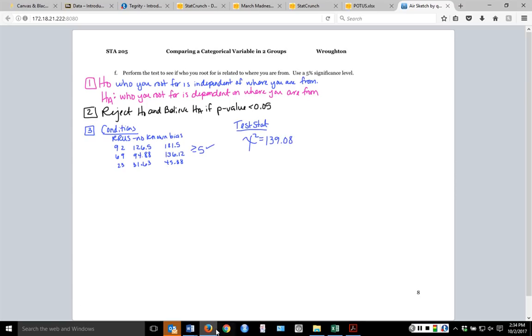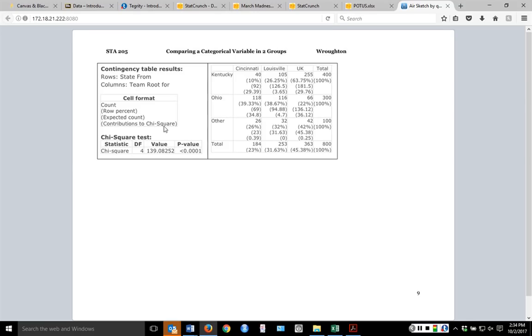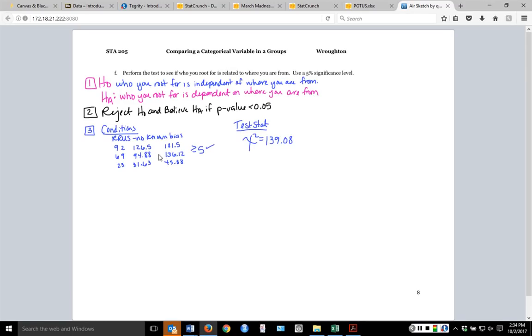But what's nice about this is that my output also gives me my contributions to chi-square, that very last number. If I add up all of those numbers, it will actually give me this value. So that happened to do that full formula that we looked at last time. I can actually see where it comes from in my output.